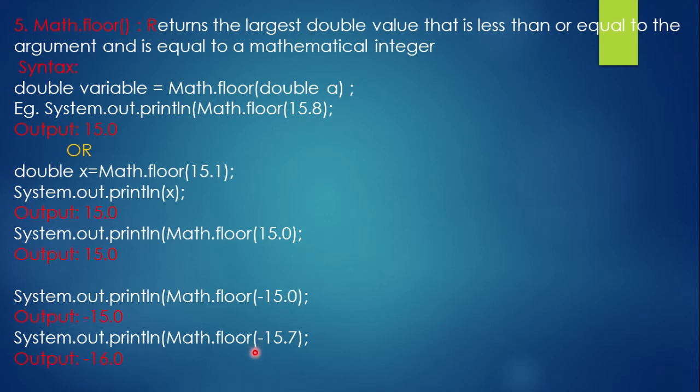When you expect minus 15.0, that value is greater than the value that you have given. That's why it will always return less than. That's why minus 16.0. Minus 15.0 or minus 16.0, which is less? Obviously minus 16.0. That's why you are getting this value.